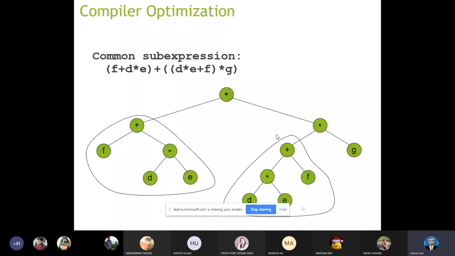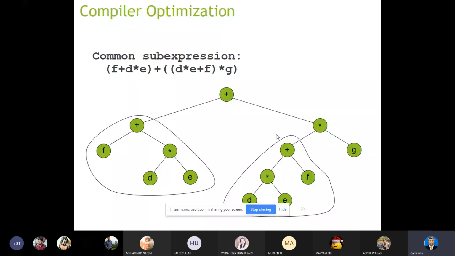Compiler construction is a separate course, and compiler optimization is one of the study areas or branches of that course. So I'm giving you an example. Suppose this is a common sub-expression: f plus d into e, plus d into e plus f, multiplied by g.